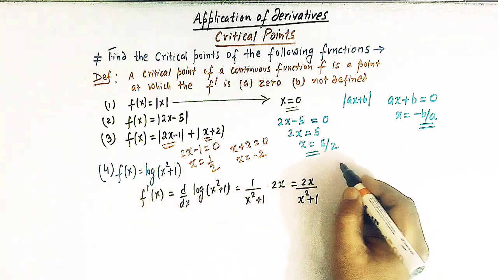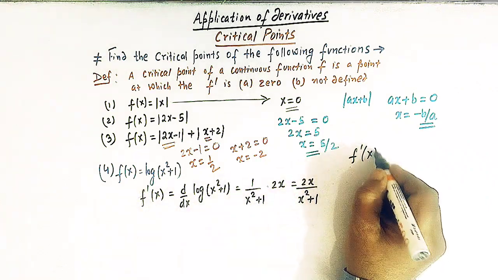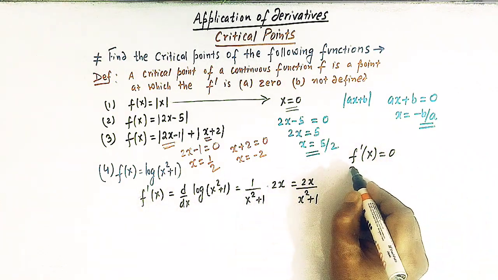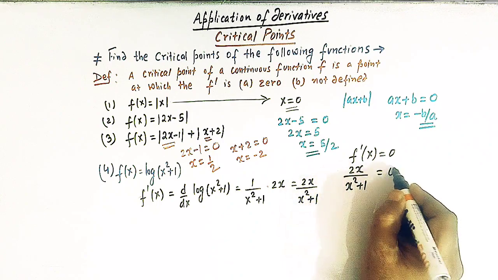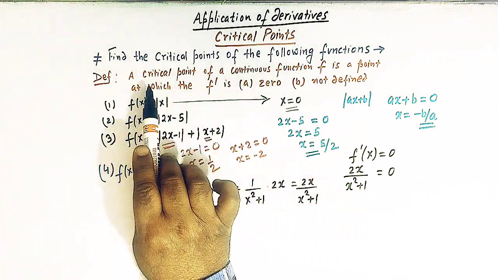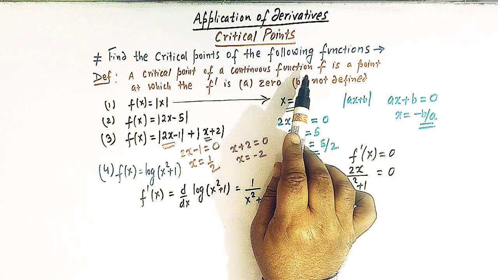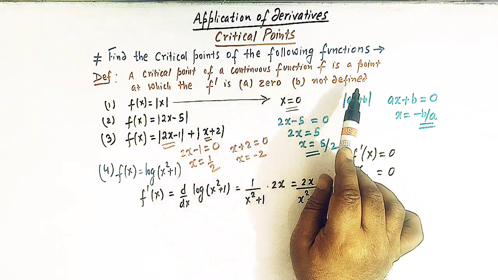So now if we put f prime of x is equal to 0, then we get this equation, that is 2x over x square plus 1 is equal to 0, right? So see, we have already seen that the critical points of a function are the points where the derivative is 0 or not defined, right?